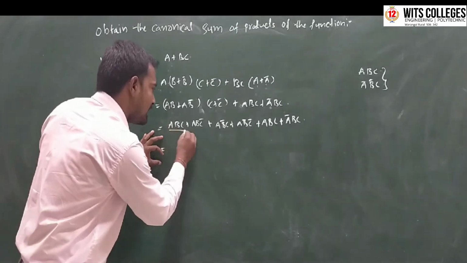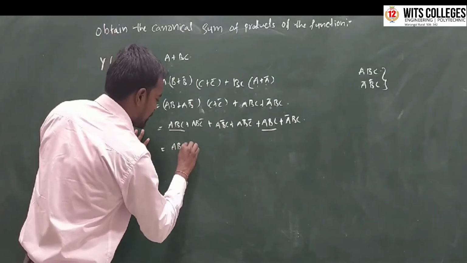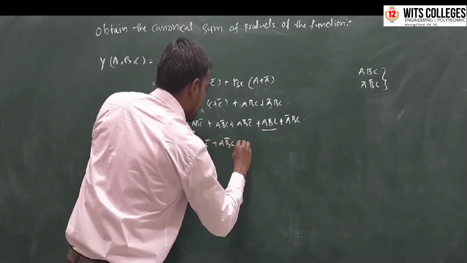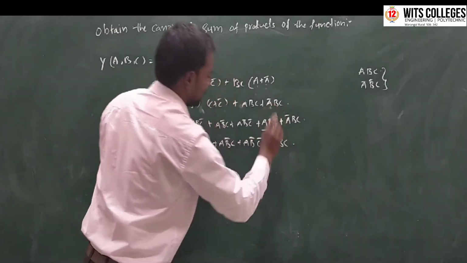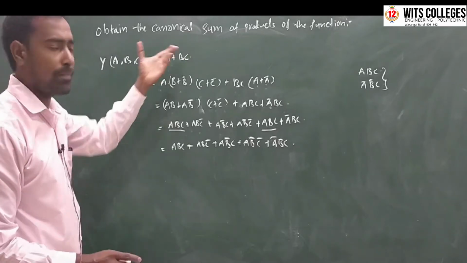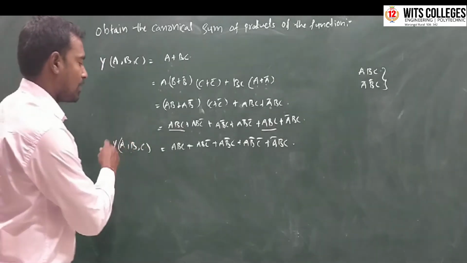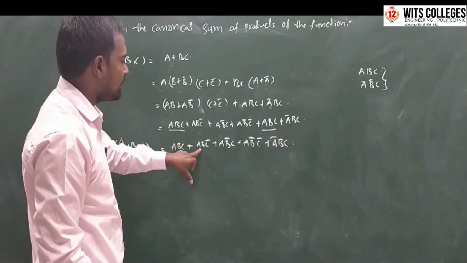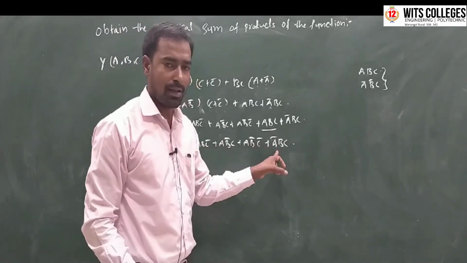Here the ABC terms are both common, so we get ABC as a common term, plus ABC bar plus A B bar C plus A B bar C bar plus A bar into B C. So this is the simplified expression of the canonical form in terms of sum of products of Y of A comma B comma C. Y of A comma B comma C is equal to A plus B plus C. This can be written as ABC plus A B C bar plus A into B bar C plus A B bar C bar plus A bar B C.